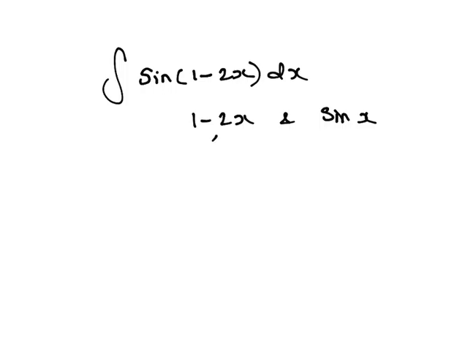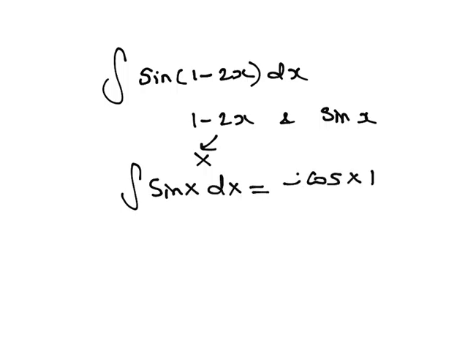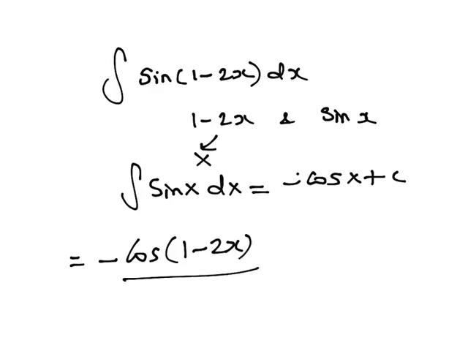So here I'm going to take this as capital X. So I have sine x dx, which is nothing but minus cos x plus c. Hence the answer is minus cos of 1 minus 2x divided by the coefficient of x, which is minus 2, plus c.